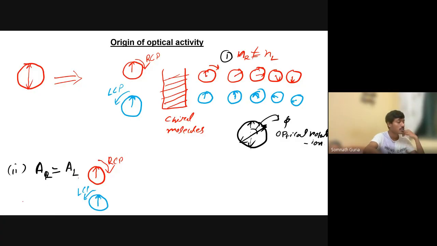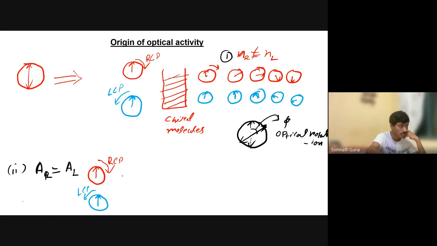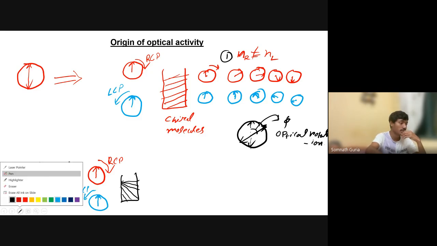We place the molecule here, a solution of optically active molecule which absorbs the light at that particular wavelength, and we will find the intensity of one particular light getting reduced.